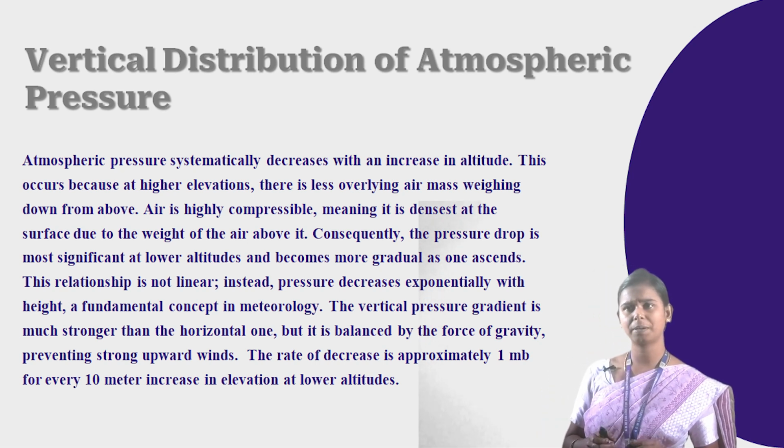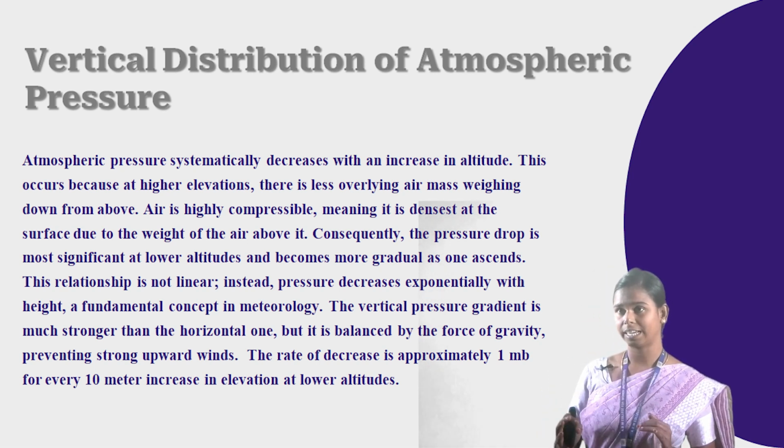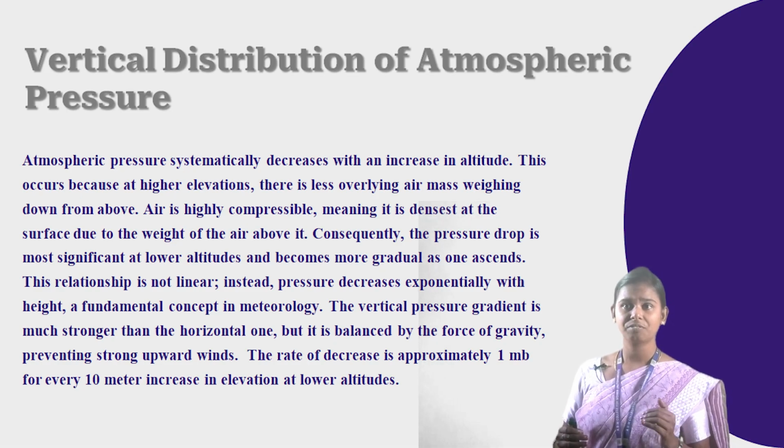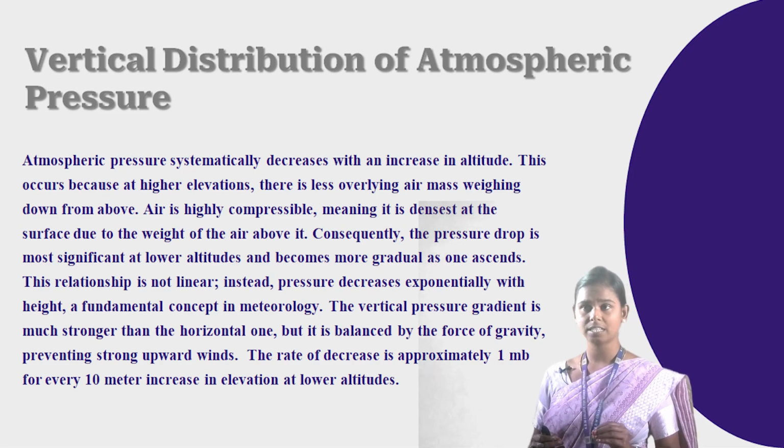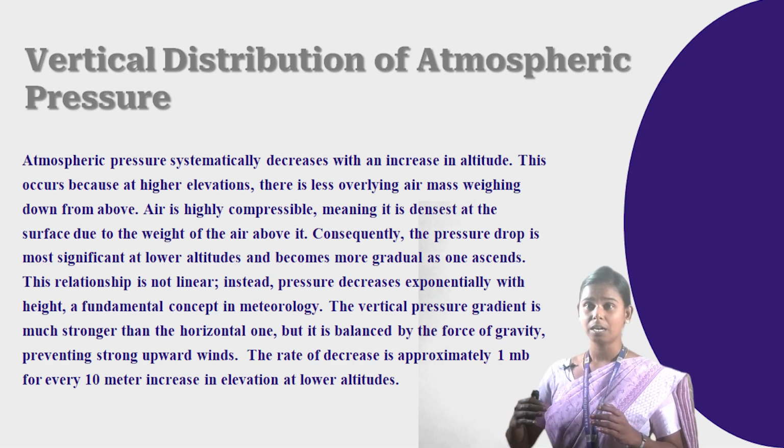This relationship is not linear. Instead, the pressure decreases exponentially with height. The fundamental concept in meteorology: the vertical pressure gradient is much stronger than the horizontal one, but is balanced by the force of gravity, preventing strong upward winds.